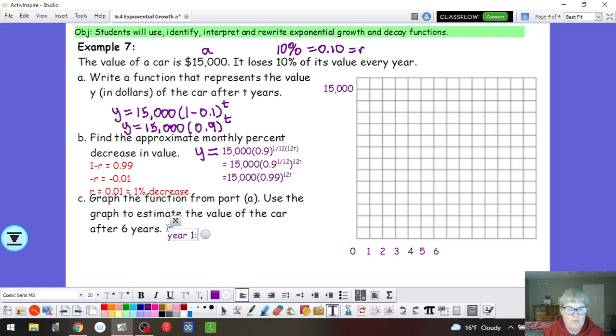And I might as well just give us the numbers. So after year 1, it's going to be worth 15,000 times 0.9, $13,500. Year 2, it's going to be 0.9 to the 2.